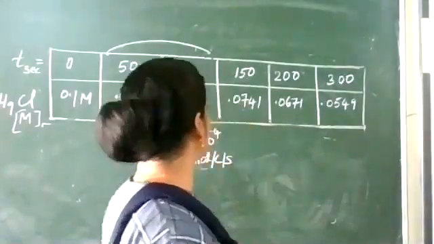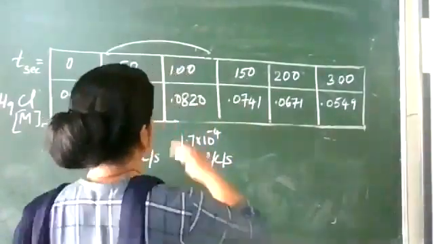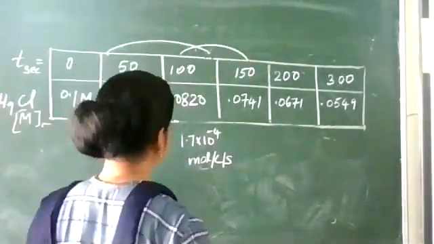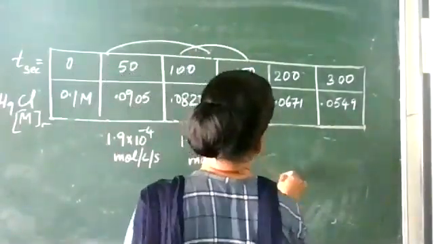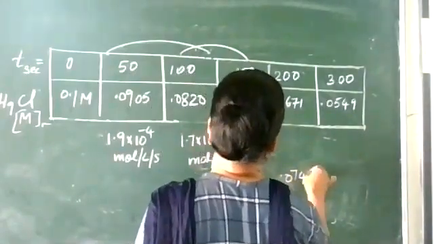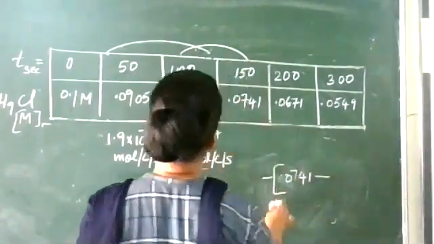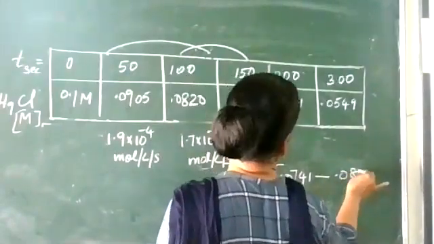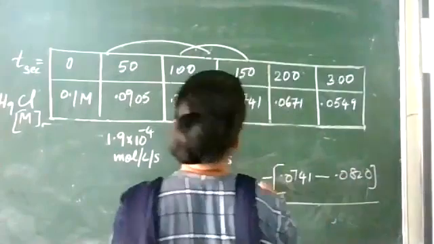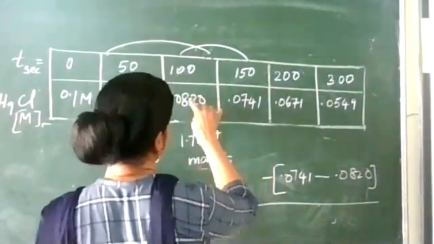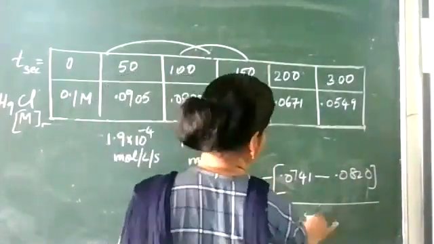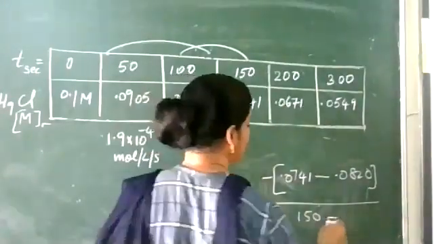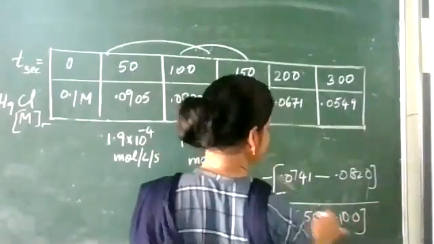Now I will calculate between 100 and 150. Here it is 0.0741 minus 0.0820, divided by 150 minus 100, which is again 50.